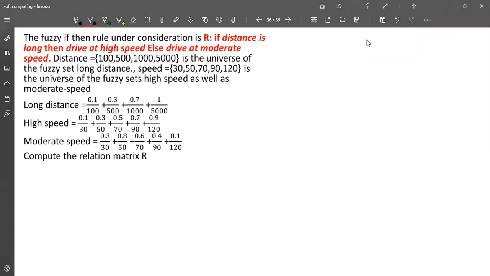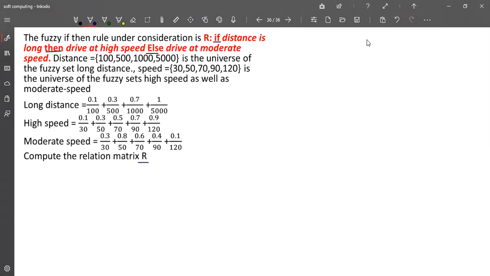Also, in our previous problem, the relation was already given, but here we need to find the relation and then proceed for the computation. So the rule is: if distance is long, then drive at high speed, else drive at moderate speed.